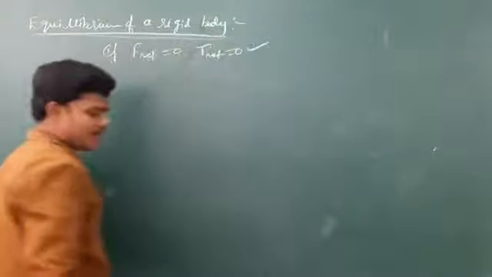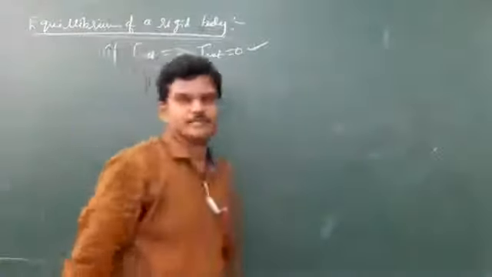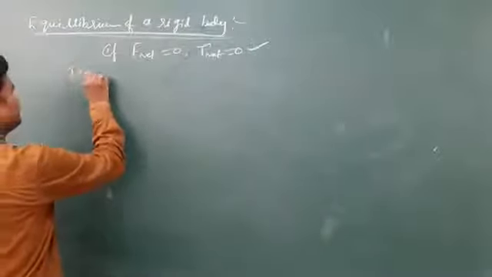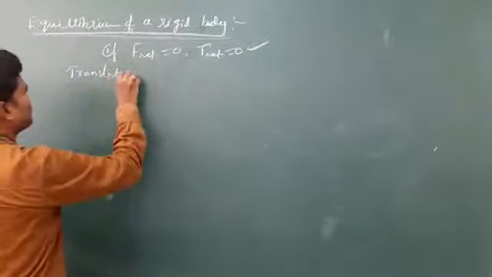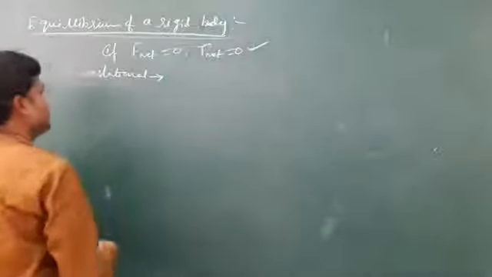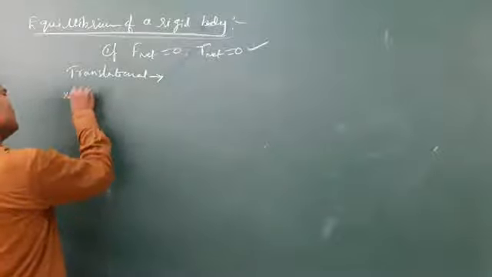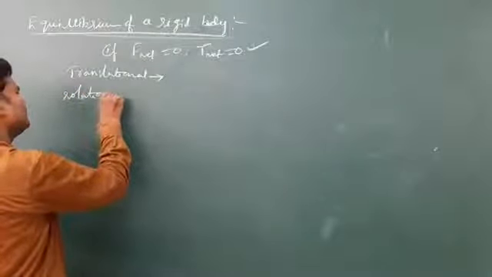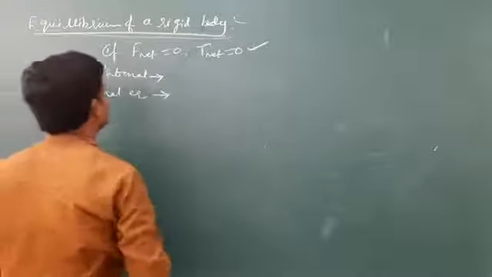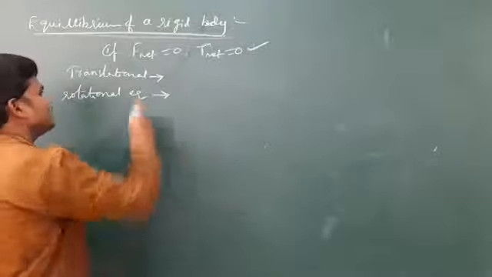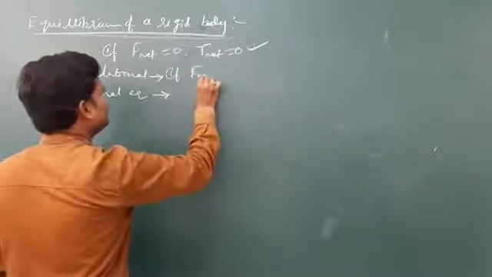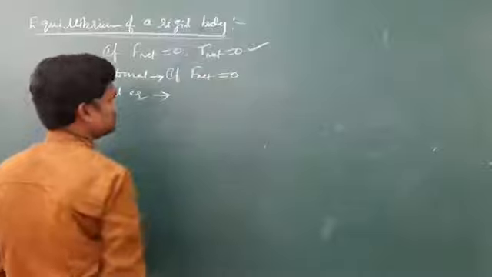And there are two types of equilibrium. One is translational equilibrium, the other one is rotational equilibrium. The rigid body is said to be in translational equilibrium if the net force acting on the body is 0.